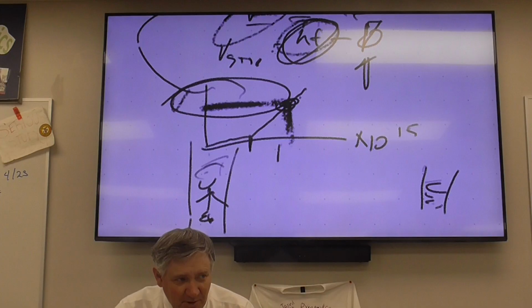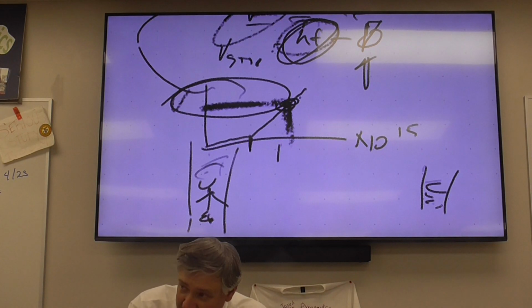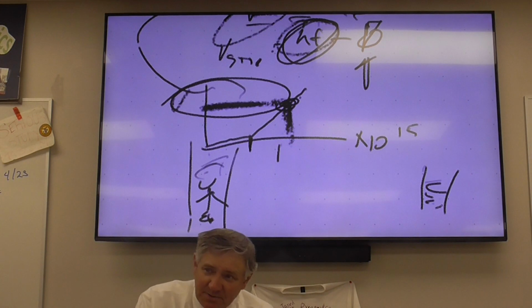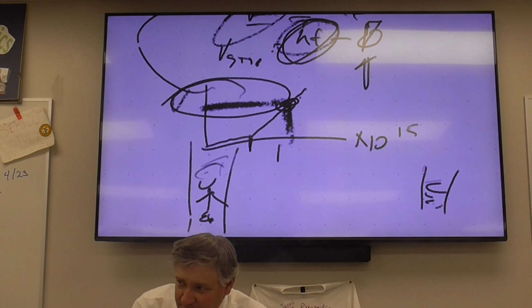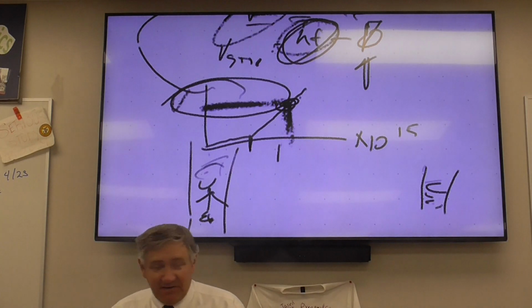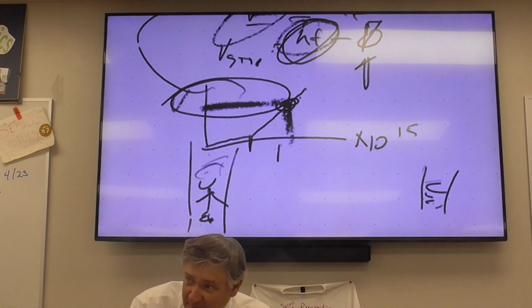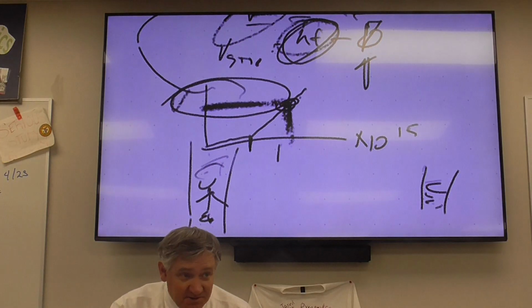And here's the problem. If you get the position to a very high degree of precision, then what are you going to sacrifice? Velocity. Or the momentum side of it, okay? Because you can't have both.